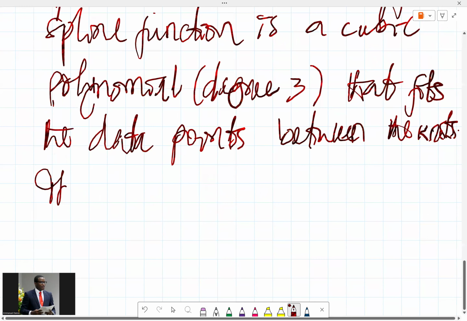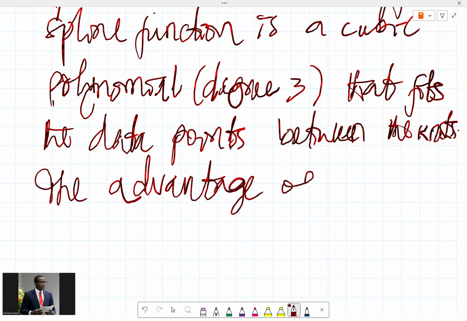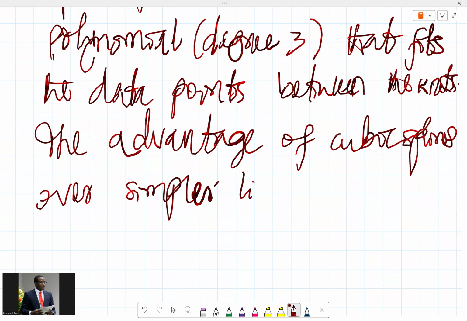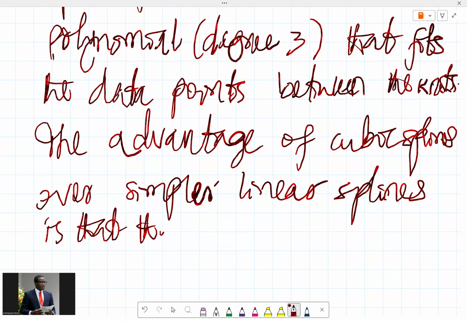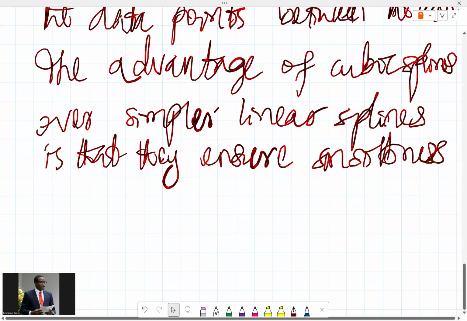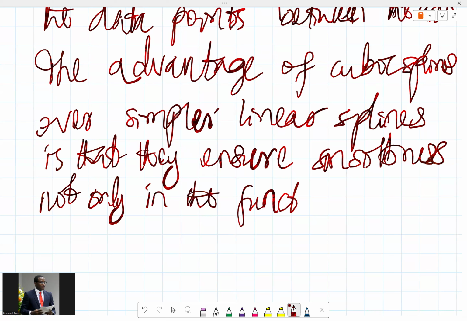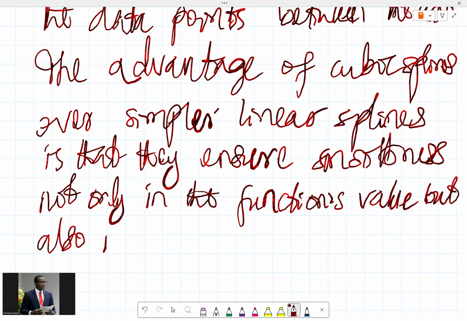The advantage of cubic splines over simpler linear splines is that they ensure smoothness not only in the function's value, but also in its first and second derivatives.